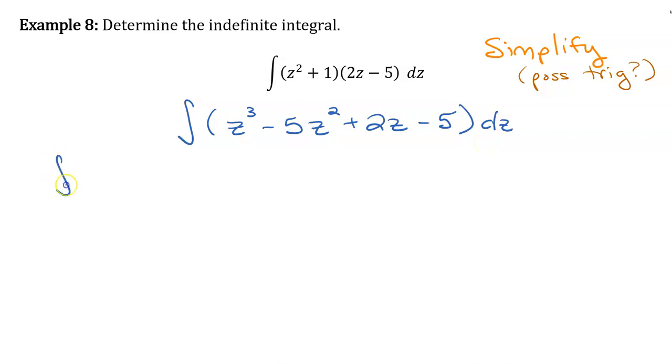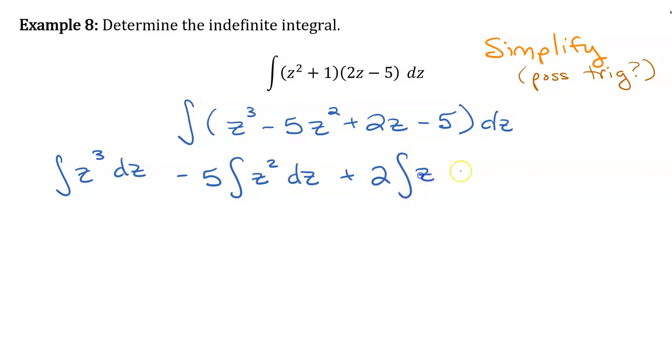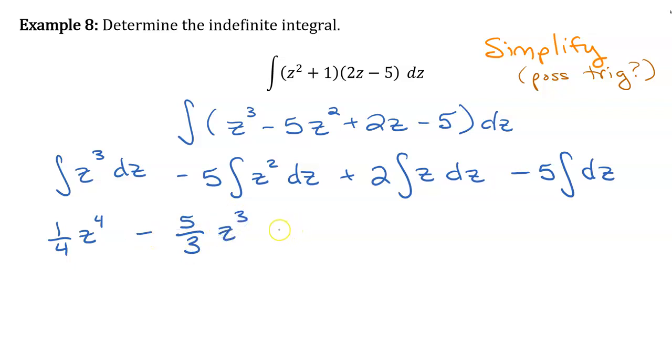So we separate individually. We pull the coefficients out front. And we apply the integral rule. So go up a power and divide by that power. Go up a power and divide by that power.